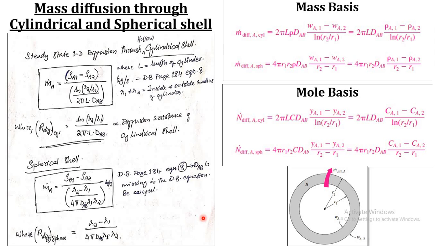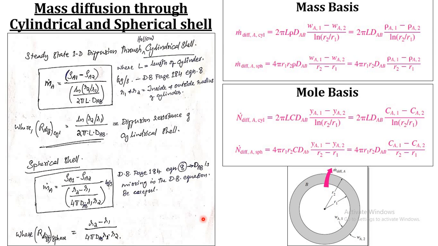So we extend these derivations to cylindrical and spherical shells. The same procedure you can follow to find the general mass diffusion equation for cylindrical and spherical shells. You do it yourself.